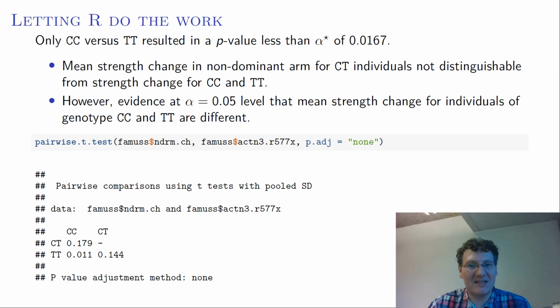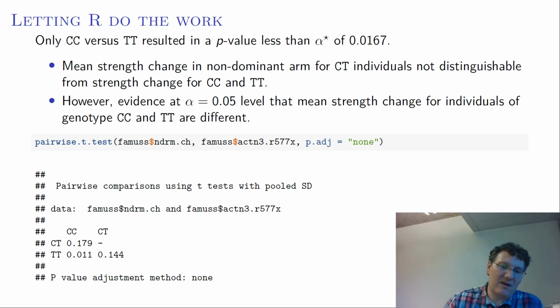Doing the pairwise t-test is easy in R. So we are going to say, here's our data. It's in the ndrm.ch variable, and we have our grouping variable, and then we say how we're going to be adjusting the p-value. And here we're doing no adjustment to the p-values. We're just going to be using our alpha star.